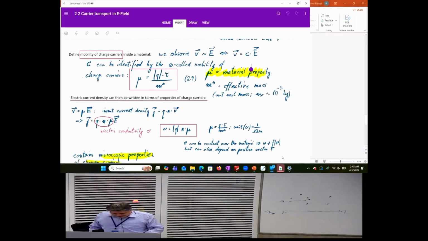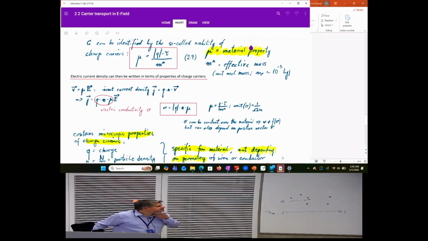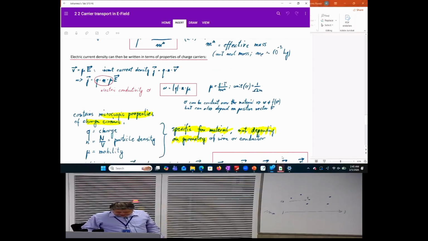By now relating this velocity to the electric field, we can insert, instead of the charge value times the carrier density times the velocity, the mobility and the electric field that is applied. And then we can relate the current density to the electric field. This term here is the electric conductivity, sigma.